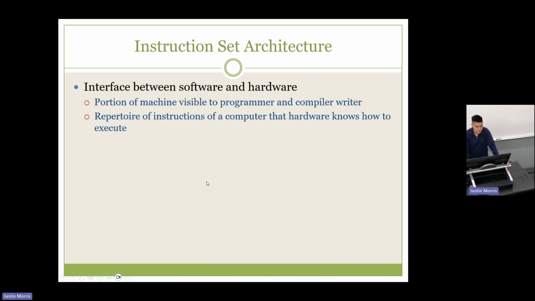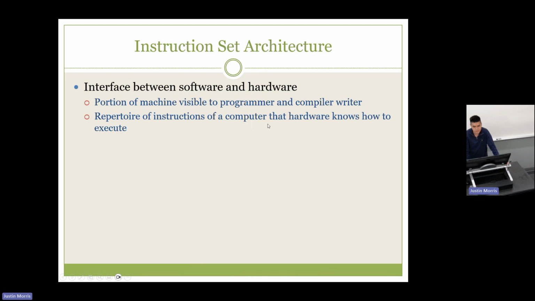Okay. So the instruction set architecture, as we know from chapter 1, is the interface between software and hardware. The way that it's the interface is it's the portion of the machine visible to the programmer and compiler writer, right? And it is this set of instructions that the computer knows how to do.